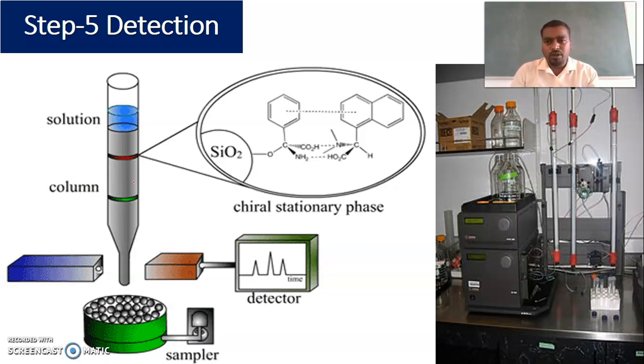Once eluted, you collect them in a separate vessel, then pass them to a detector, and by using the detector you can identify the chemical composition. This ensures that the separated components are pure. So these are the various steps of column chromatography.